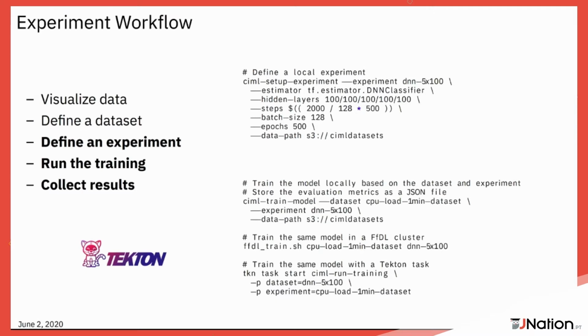Again, we followed the same type of approach. We wrote 2 functions, the CML setup experiment and the CML train model, which respectively are responsible for defining an experiment and running the training. All these functions have the great advantage that they can be easily dockerized or containerized and executed in a container, which means that because they're also able to work with object storage, they're easy to run in the cloud.